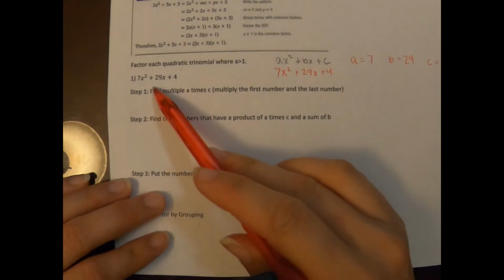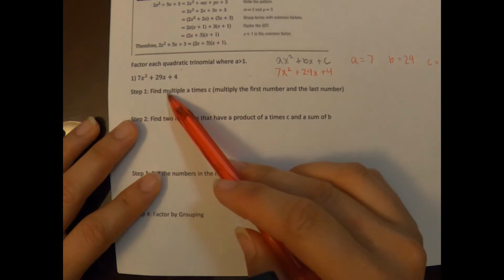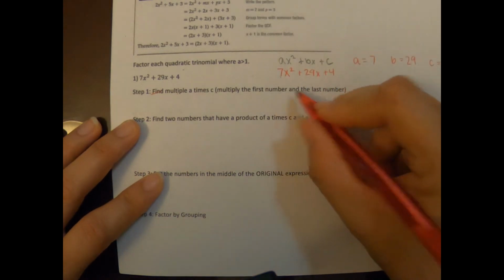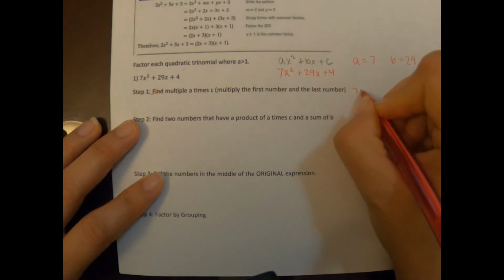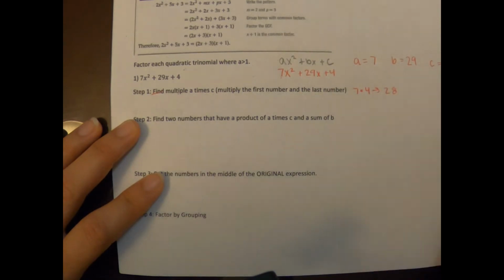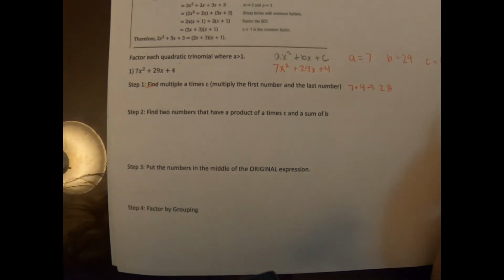So, step 1 in factoring is multiply A times C. So the first number and the last number. So 7 times 4 is 28, and feel free to use a calculator while you're learning this, it's okay.